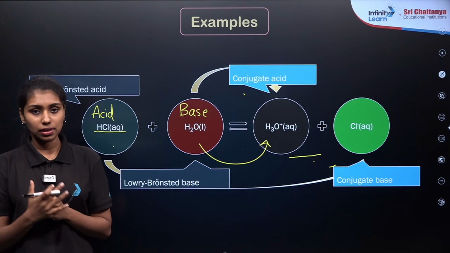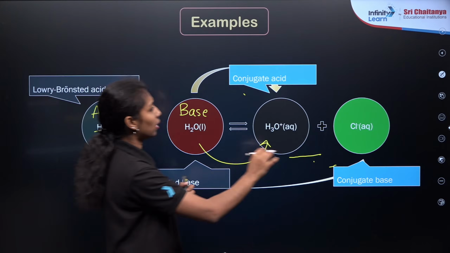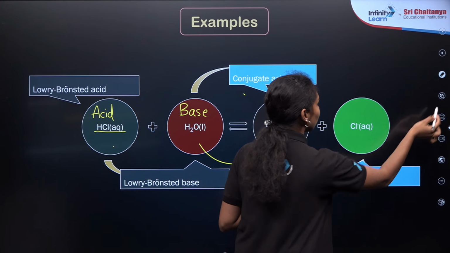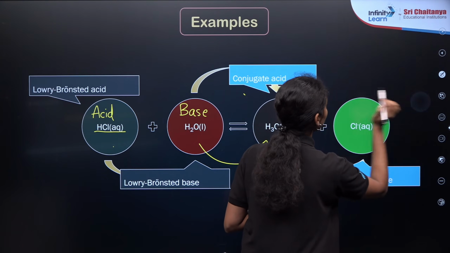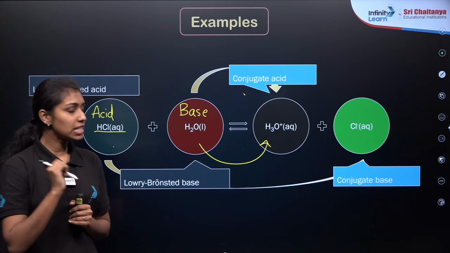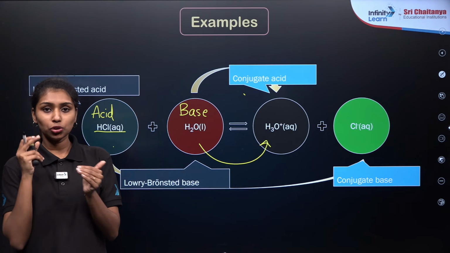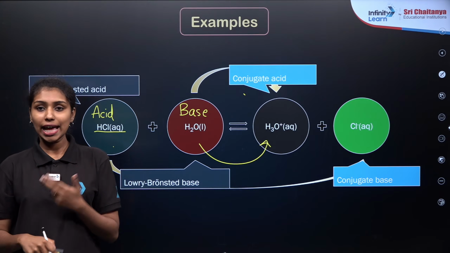So according to the Lowry-Brønsted concept, acids are the H plus donors and bases are the H plus acceptors, so that they react with different compounds to form different acid-base pairs known as conjugate acid-base pairs. Now we have seen two different examples. In these, water acts as both acid as well as base.